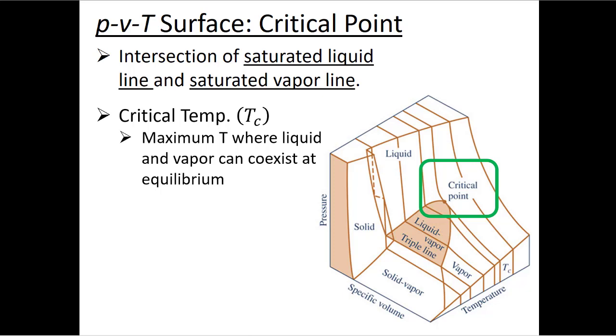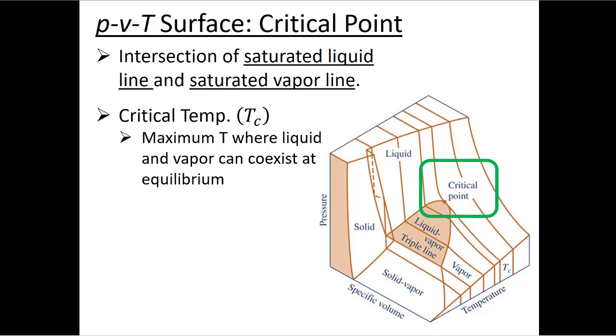So this means that you could design a system, as long as you're below this critical temperature, where you could have both saturated water and saturated vapor, and they could exist at steady state. So you could keep them there. But if you're above this critical temperature, then you'll sort of flash boil.